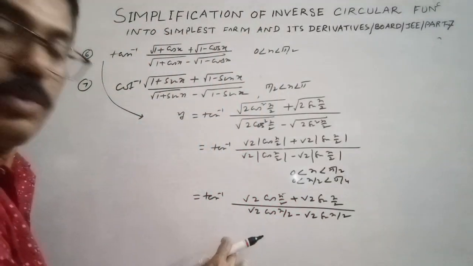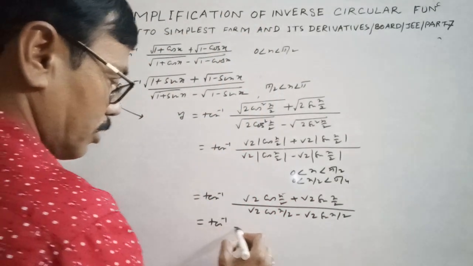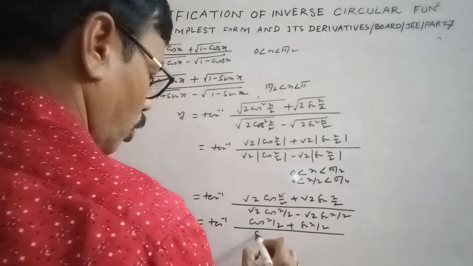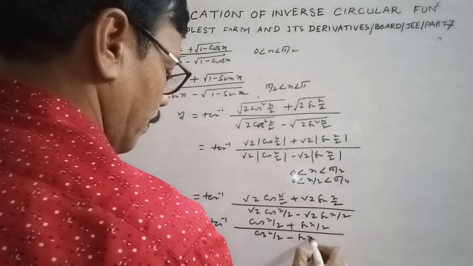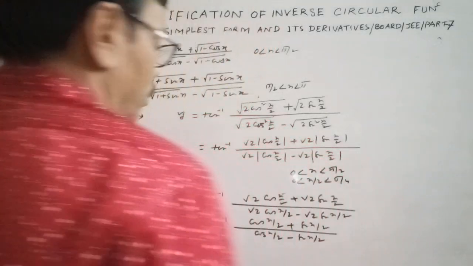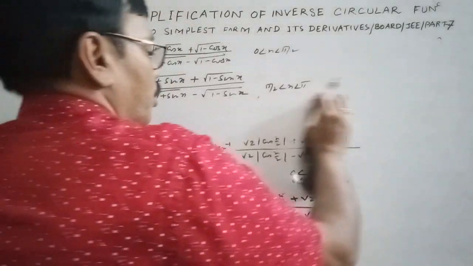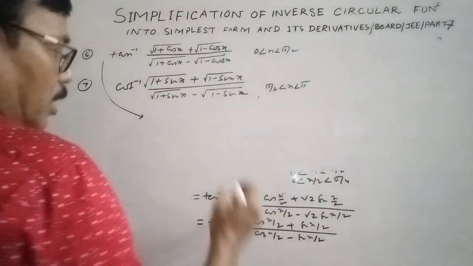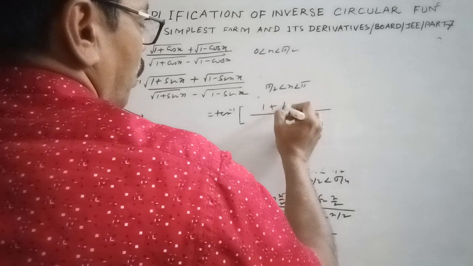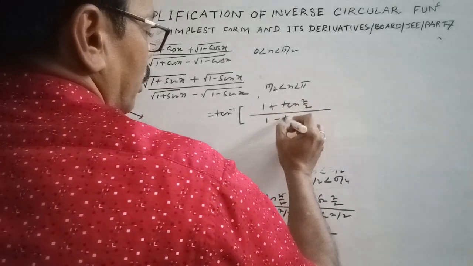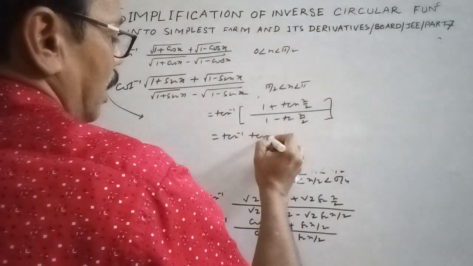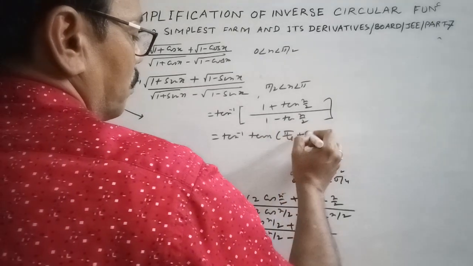Root 2 is cancelled out, so you get tan inverse of (cos x by 2 plus sin x by 2) by (cos x by 2 minus sin x by 2). We have already solved this type of problem in the previous class. Dividing throughout by cos x by 2, we get (1 plus tan x by 2) by (1 minus tan x by 2). So this is tan inverse tan of pi by 4 plus x by 2.